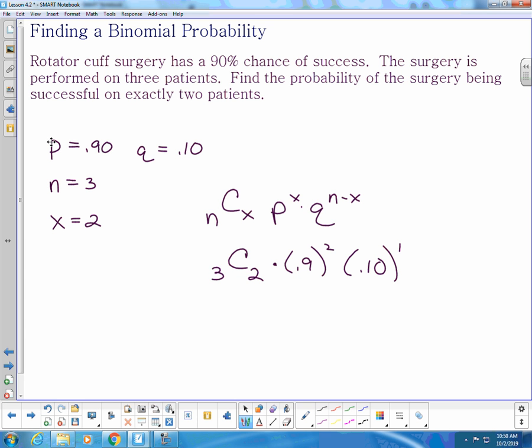That's it. So it's total number of trials, C, how many successes, times 0.9 to the 2 times 0.1 to the 1. You don't even need the times symbol, and you really don't need the parentheses. I'm just putting them there so they're separating things.